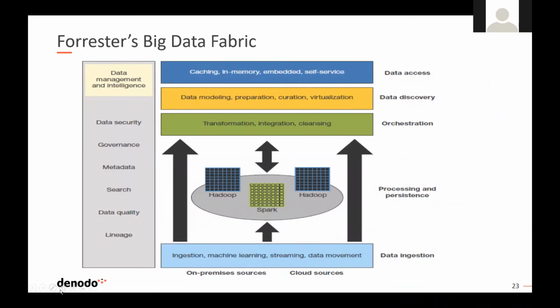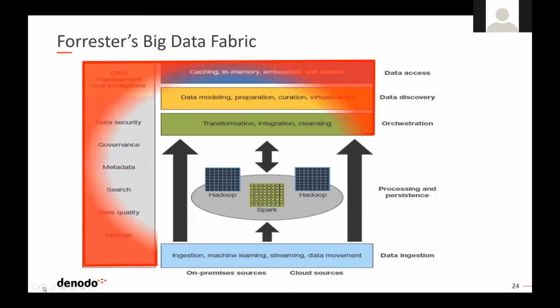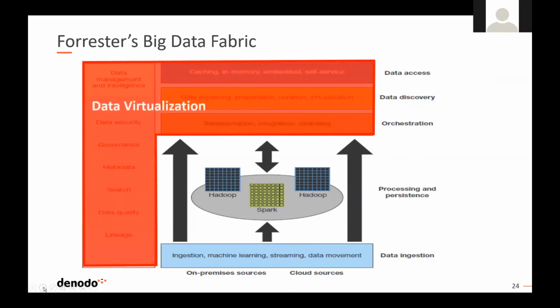If we then take this architecture and overlay Denodo on it, you can see that Denodo is able, in one platform, in one engine, take care of all of this transformation, modeling and discovery, and data access and delivery. And so it significantly simplifies the delivery of that data fabric.